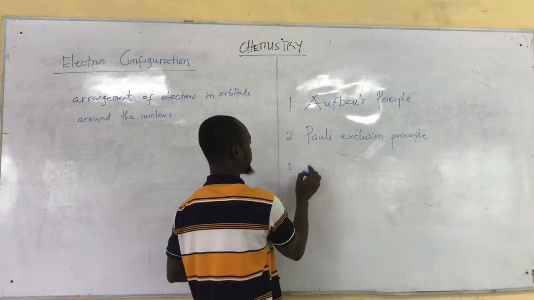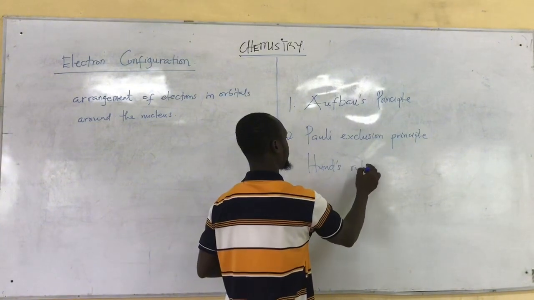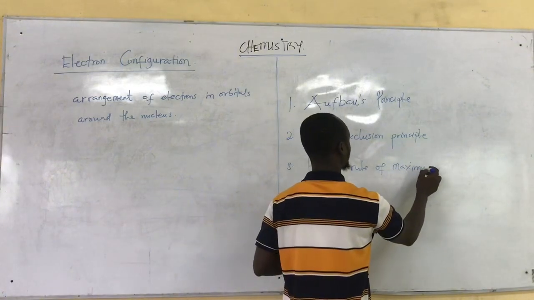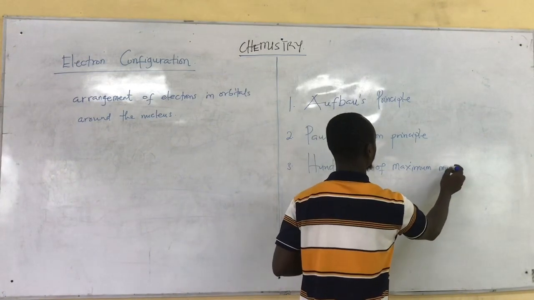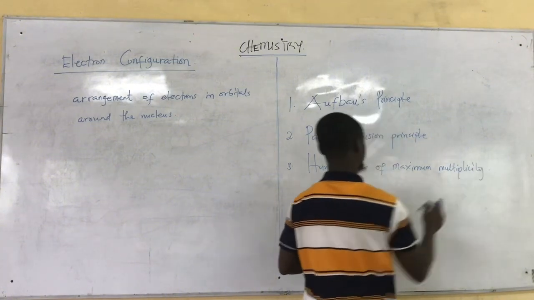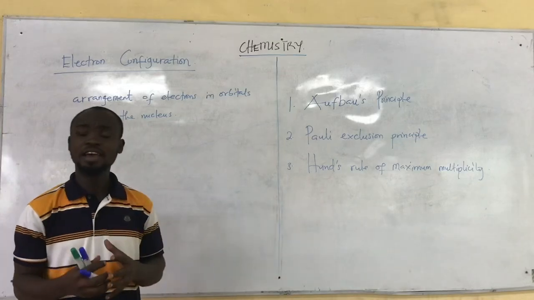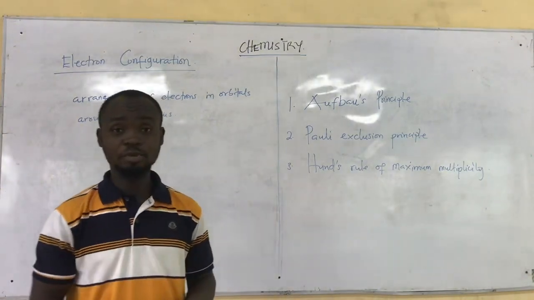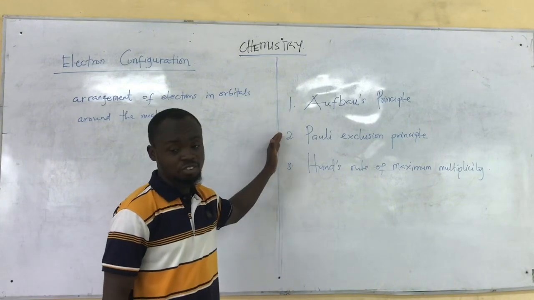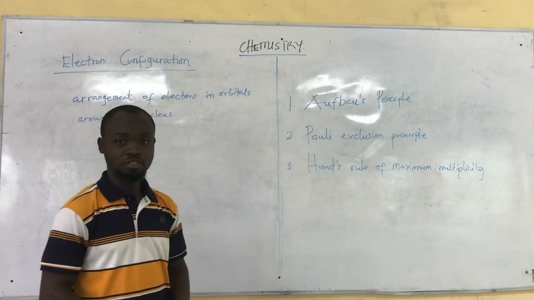And then we have three, Hund's rule of maximum multiplicity. So these are the three principles that are going to guide us on our electron arrangement: the Aufbau principle, the Pauli exclusion principle, and Hund's rule of maximum multiplicity.